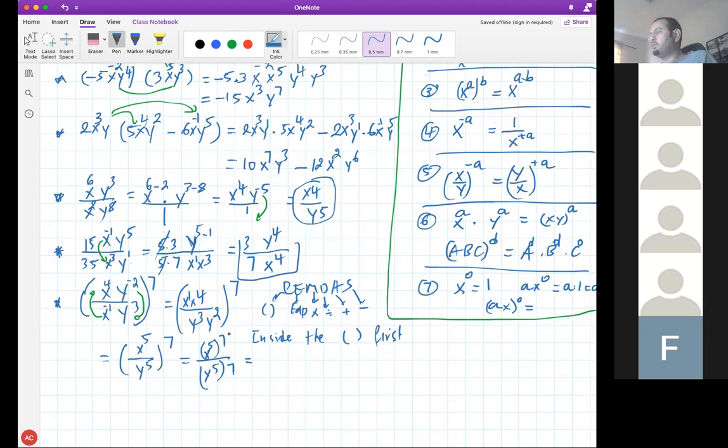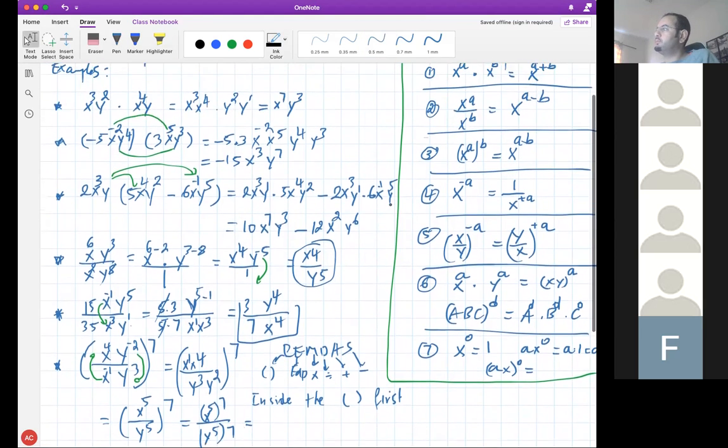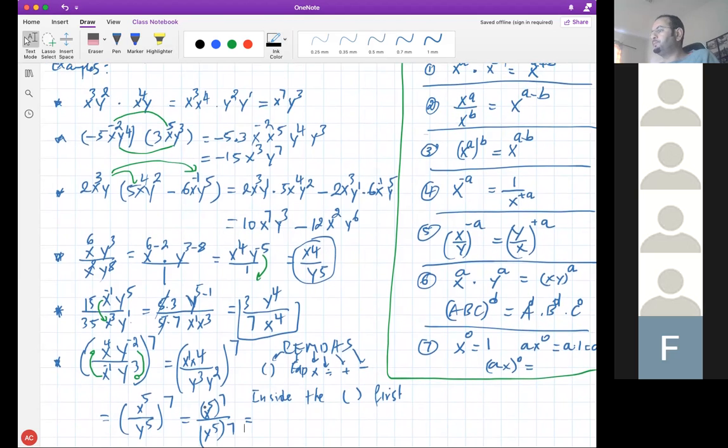Okay, so now that we wrote it this way, how do we simplify this again? Which rule do we use from the list? Rule number 3. So what do we do with the powers? According to rule number 3, we multiply the powers. 5 multiplied by 7.